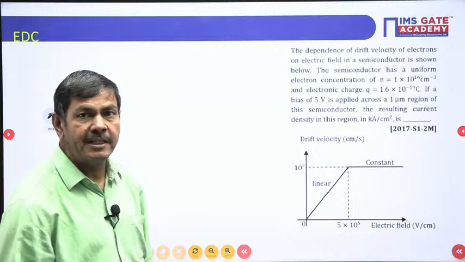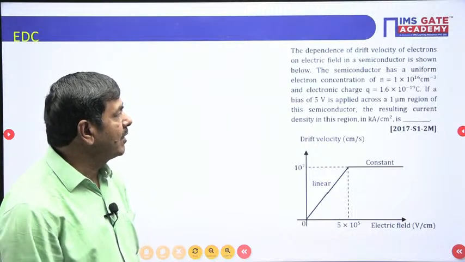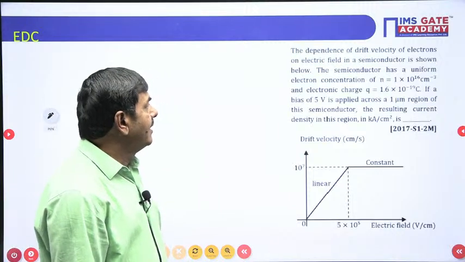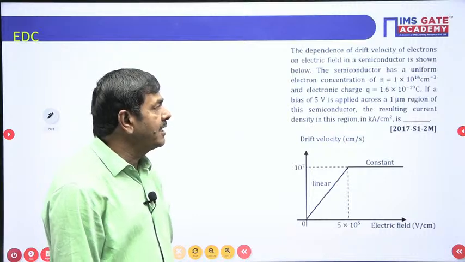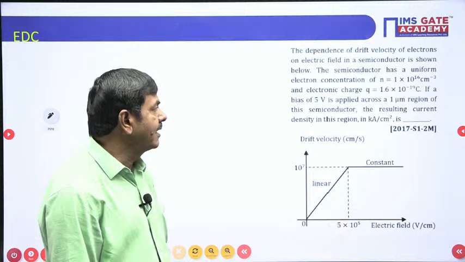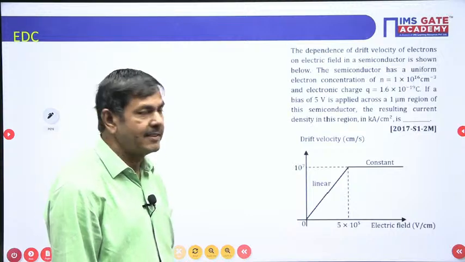That many electrons exist, and electric charge Q equal to 1.6 into 10 power minus 19 coulombs is given. If a bias of 5 volts is applied across 1 micrometer length of this semiconductor, the resulting current density in this region in kiloamperes per cm square is asked.